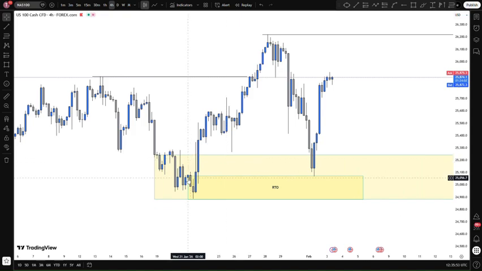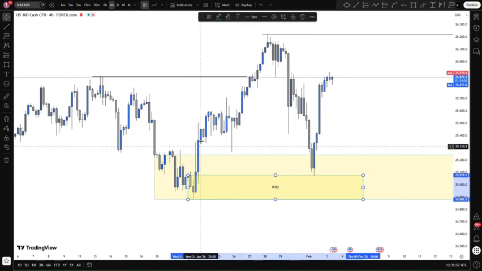Now, given that you understand the reason why, because of this displacement and the overlapping, you're going to the market maker model. When you look at this, it gave you the consolidation, then they consolidate, distribute, consolidate, distribute.